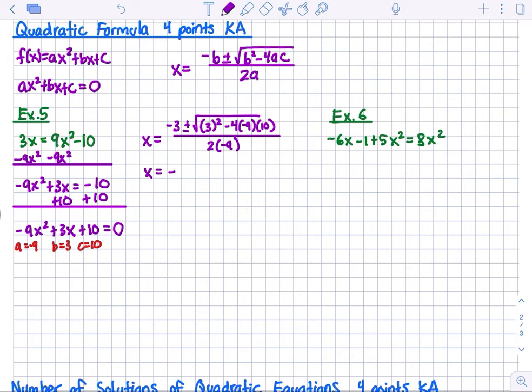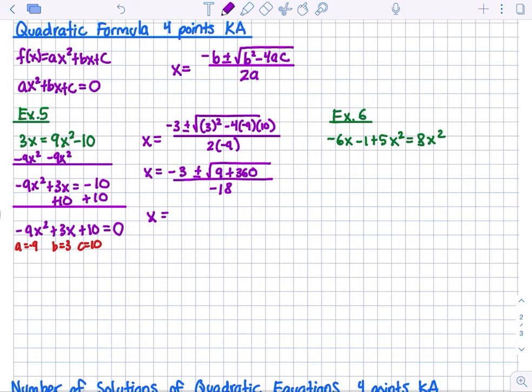And then use your calculators to calculate this, but I'll go one at a time. 3 squared is 9. Negative 4 times negative 9 times 10 is 360. All over 2 times negative 9, which is negative 18.